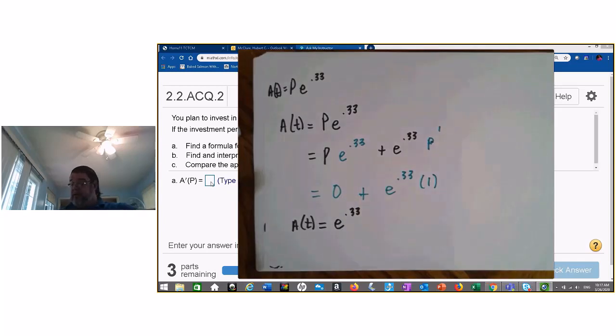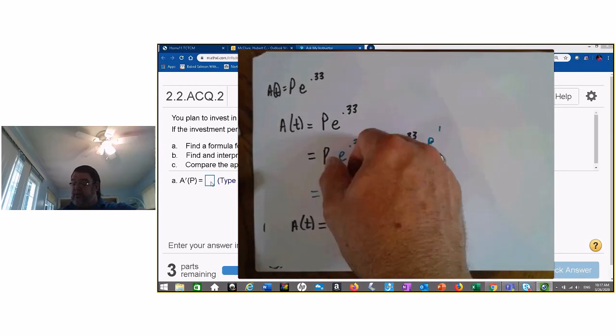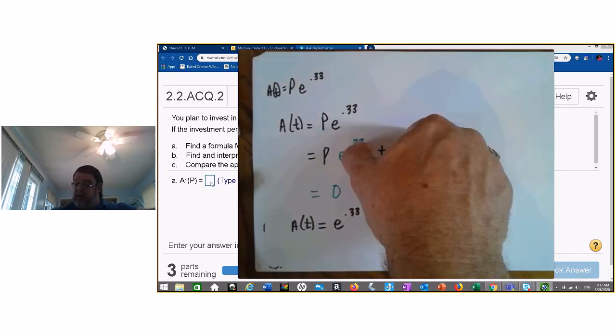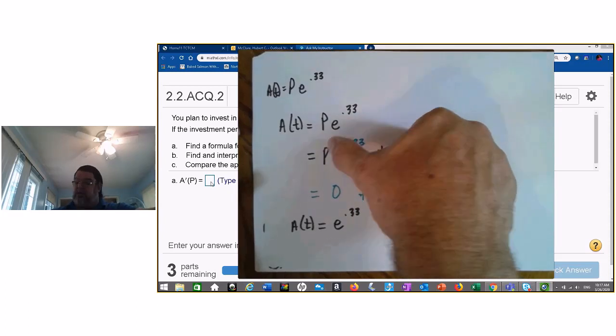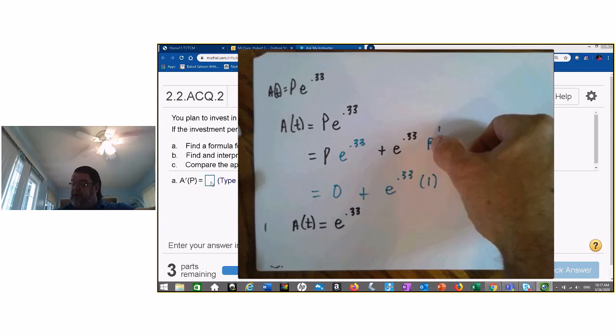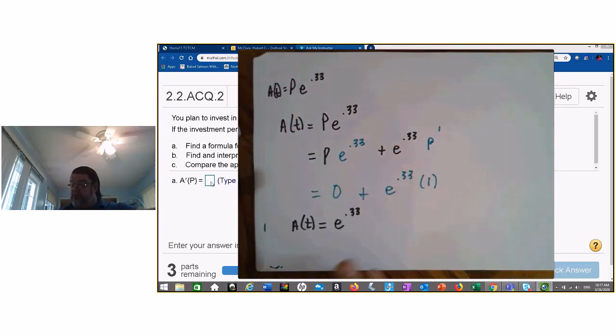That's why that comes out. That's not 0. This is 0. The derivative of that constant right here is 0, so that takes the P out. But the derivative of this right here is 1, and 1 times 0.33 is 0.33. So that's why that comes out.